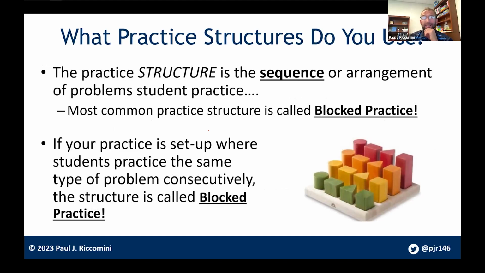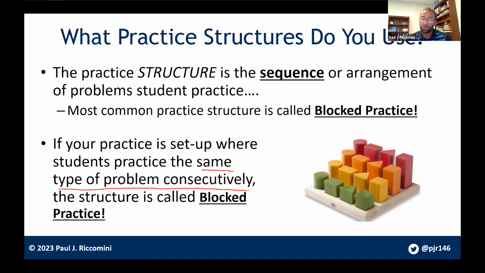Anytime that you have kids practicing the same type of problem consecutively, that is called blocked. Now, I'm going to take a wild guess here. If you're looking at something, I'm willing to bet Jared's salary that it's blocked. And I see someone put in most assignments are blocked.